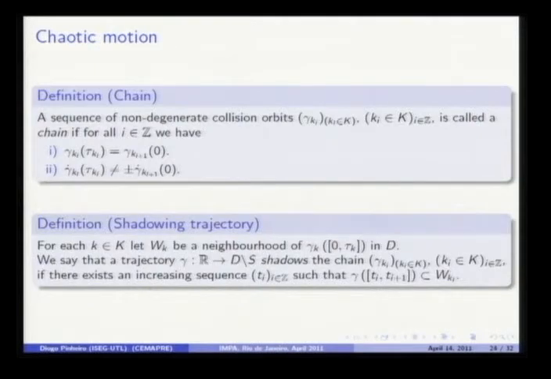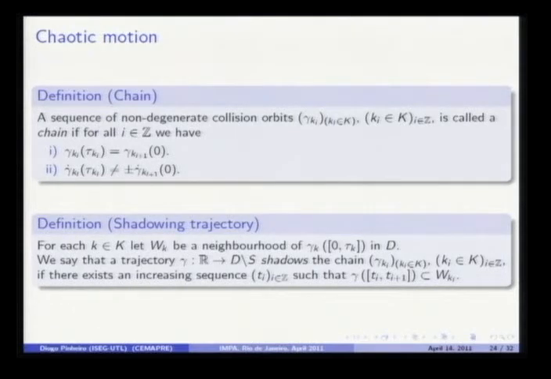Now we call a chain a sequence of collision orbits such that each element in this sequence has the initial point where the previous element had the final point. And this direction change that I was referring to holds.